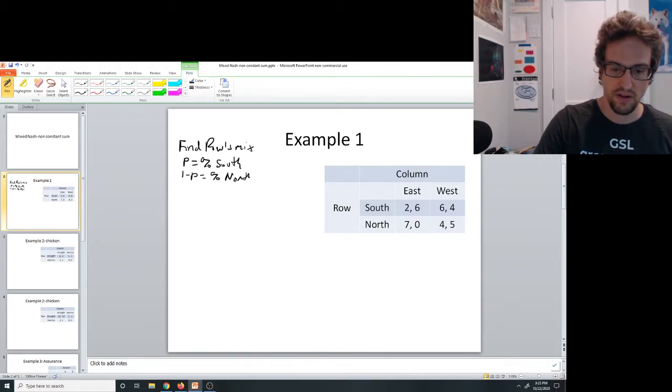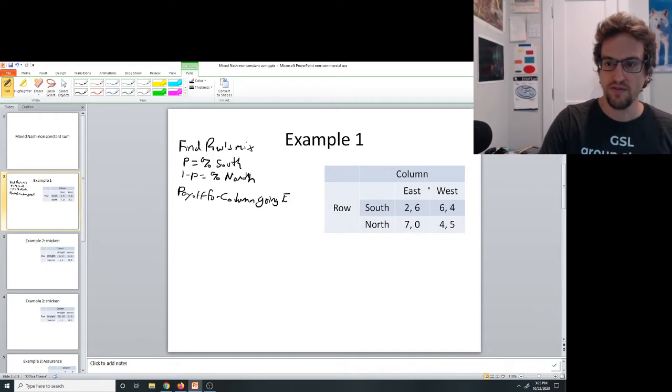Now the payoff for column going east would be 6 times the percent chance it's south, so 6p plus 0 times 1 minus p.